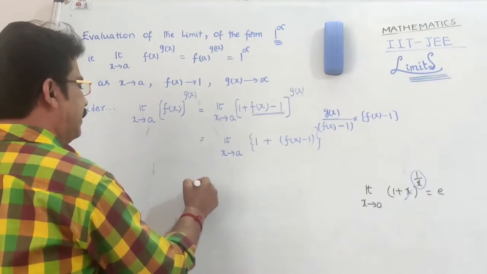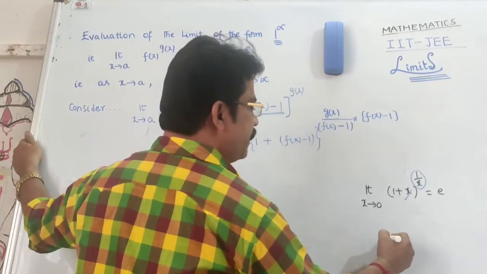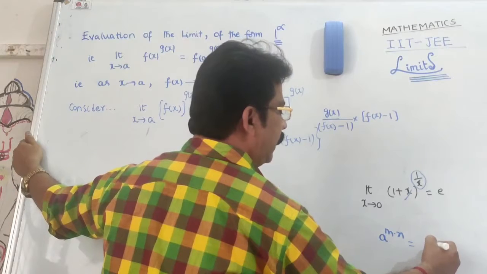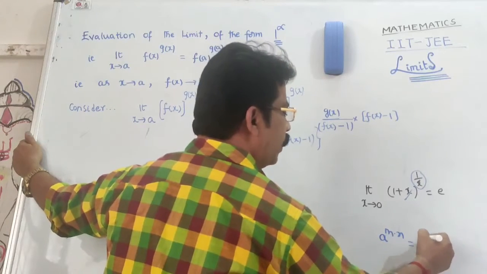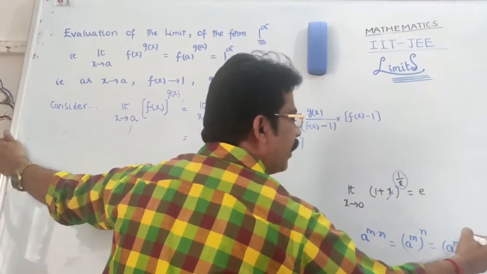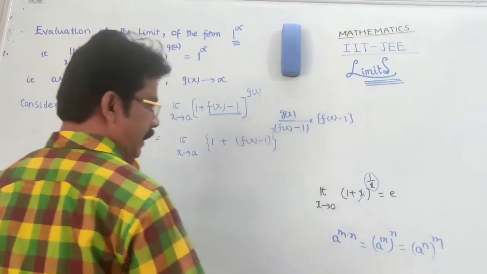Actually a to the power of m into n equal to a to the power of m whole to the power of n, or a to the power of n whole to the power of m.